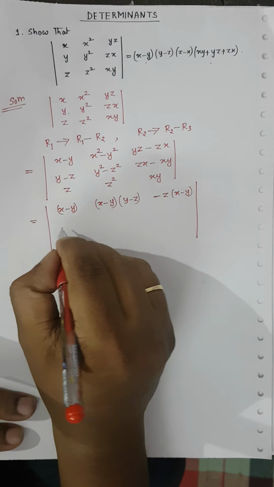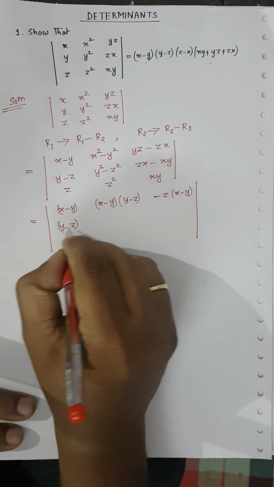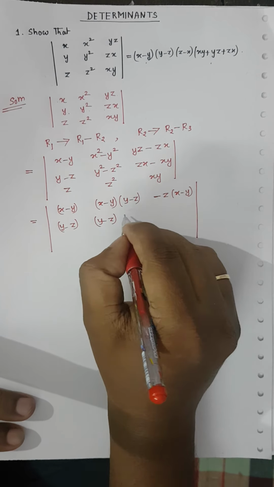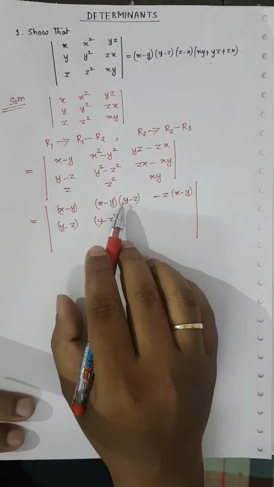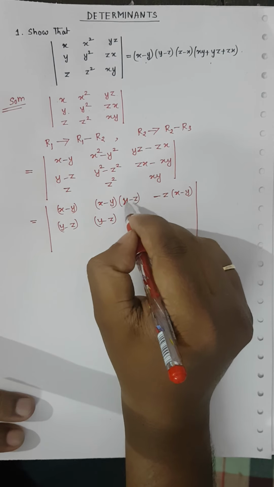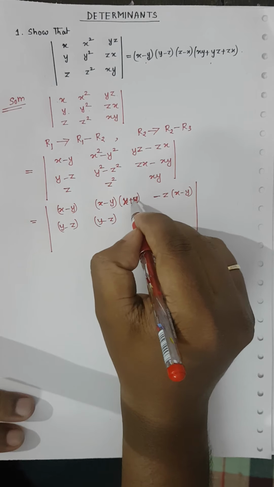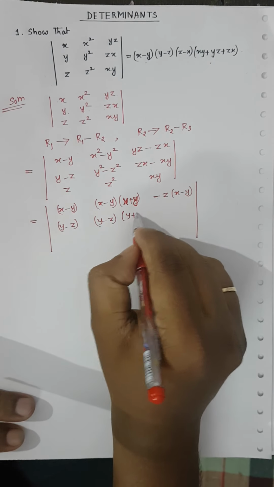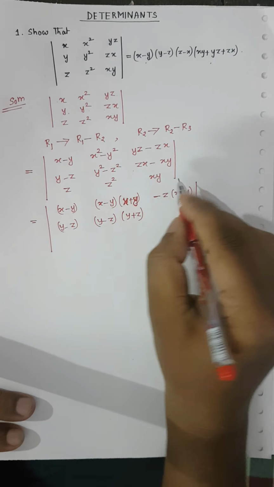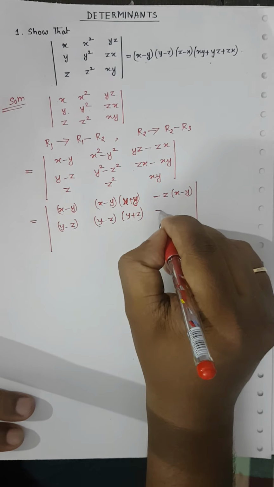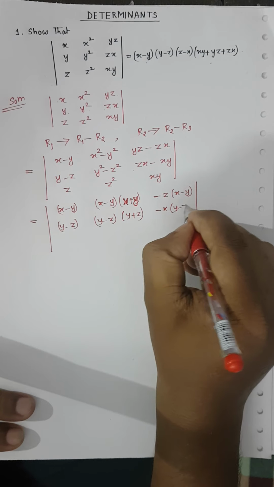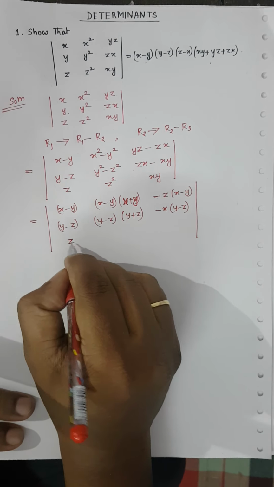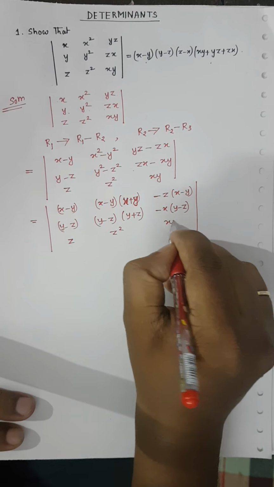Similarly, in row 2, it is y minus z, y minus z into y plus z, and if I take common minus x, it is y minus z. Row 3 will be z square, xy.